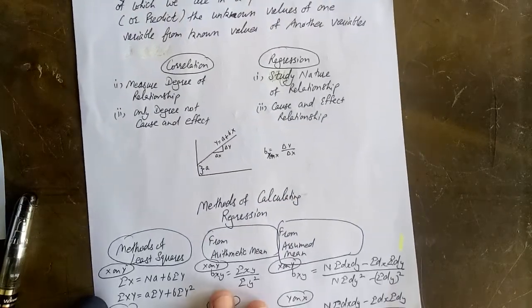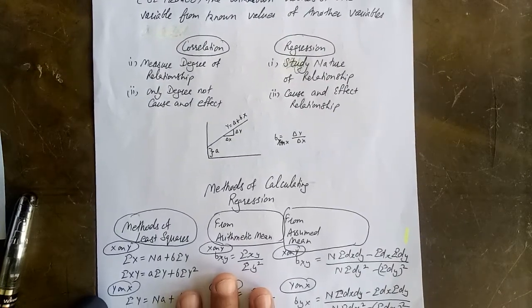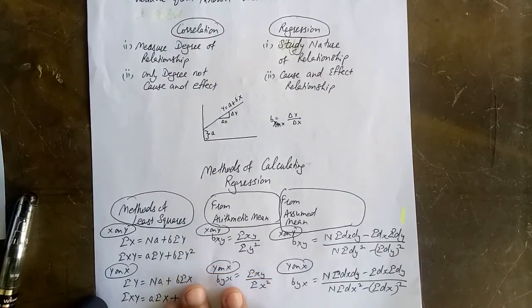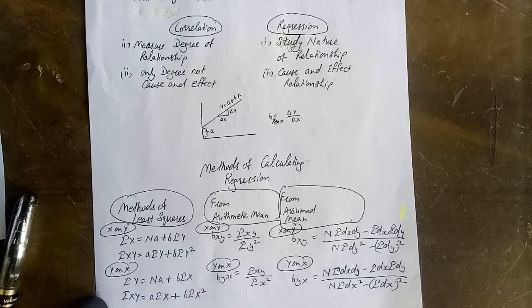We will discuss the methods of calculating regression in mainly 4 parts, and out of those the first 3 parts are: method of least squares, regression calculated from the arithmetic mean, and regression calculated from the assumed mean. Afterward we will discuss how it works in a frequency distribution.